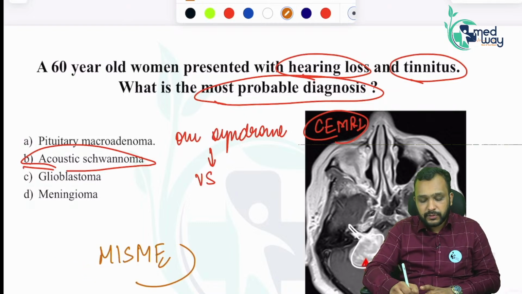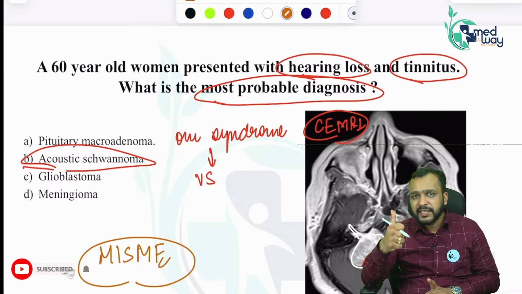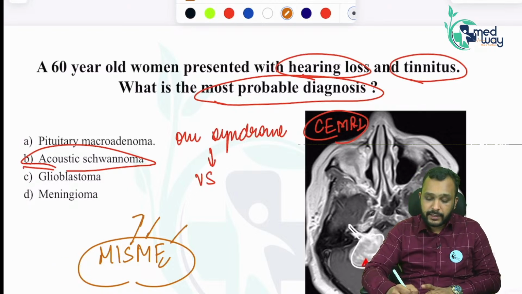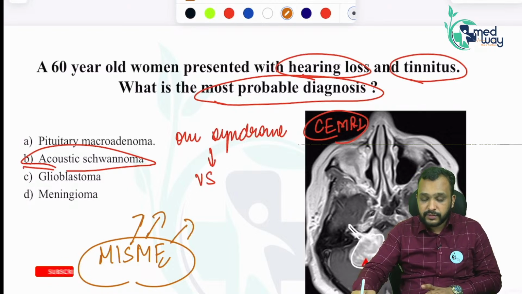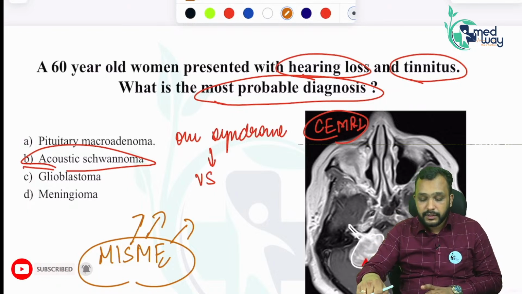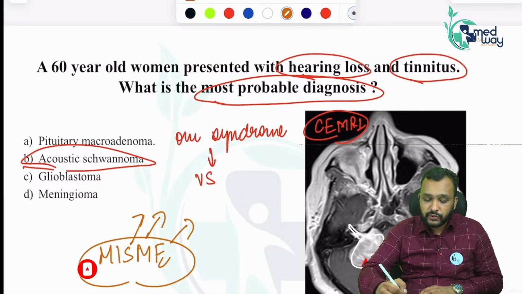So in neurofibromatosis 2, you are going to see multiple inherited schwannomas, meningiomas and ependymomas, right? These are the few important features of neurofibromatosis 2.